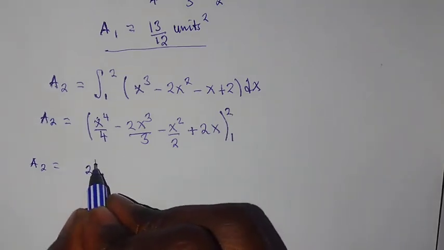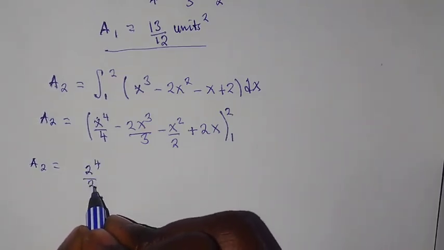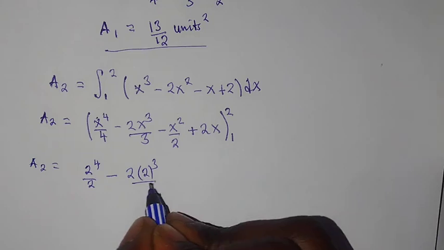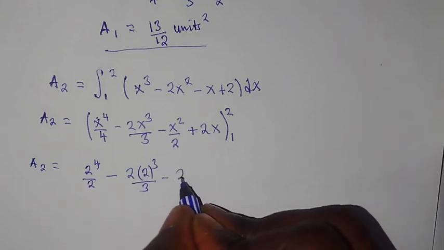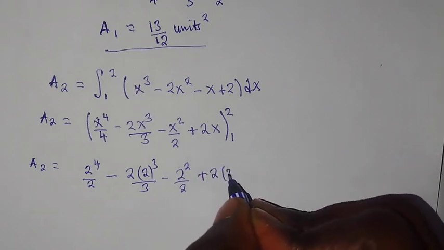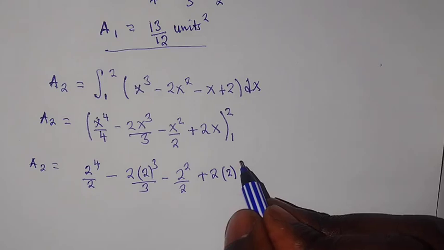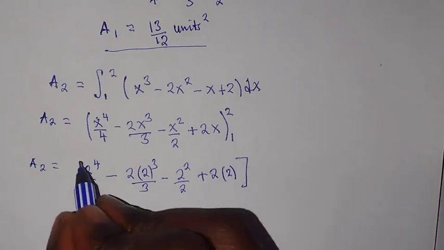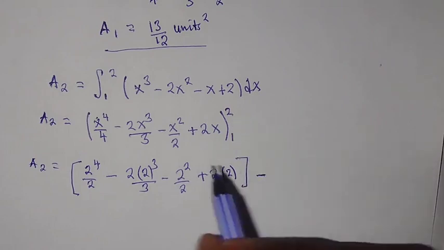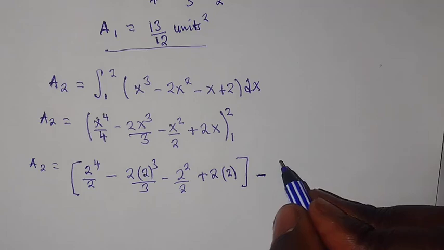So we can have 2 power 4 over 4 minus 2 times 2 in brackets power 3 over 3 minus 2 power 2 over 2 plus 2 times 2. Okay, so we can do this. Minus, so I've used 2 here, I'll get the same this one again.